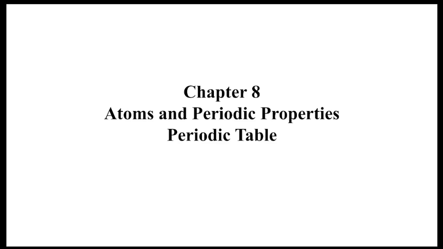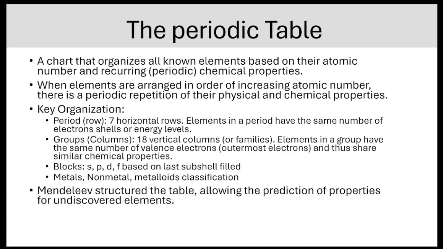The periodic table is a systematic chart of all known elements, and these elements are organized by increasing atomic number. When we arrange all the elements in this way, elements show a periodic repetition of their chemical and physical properties.